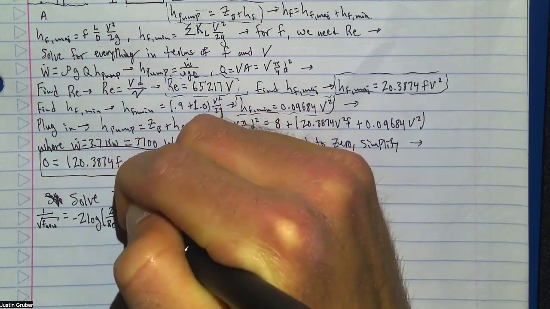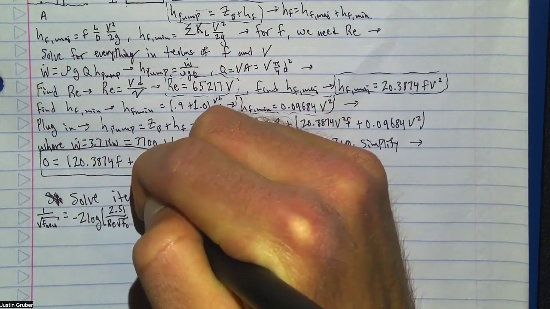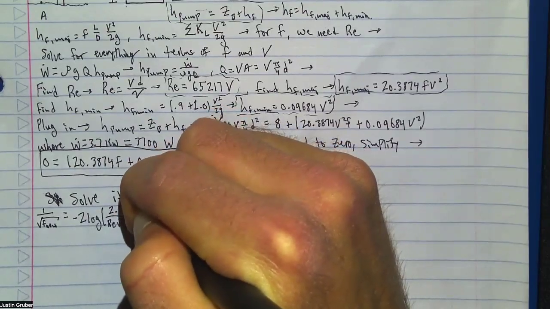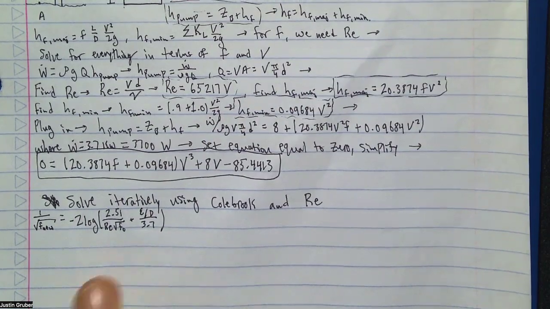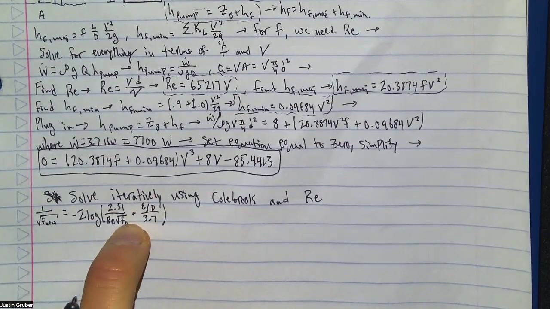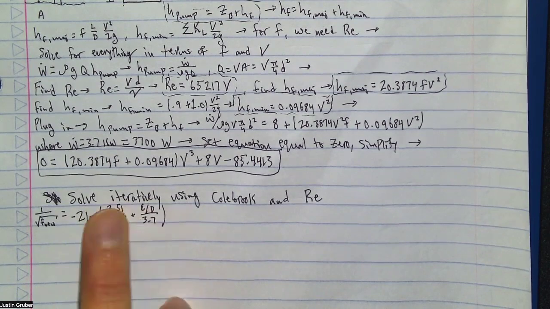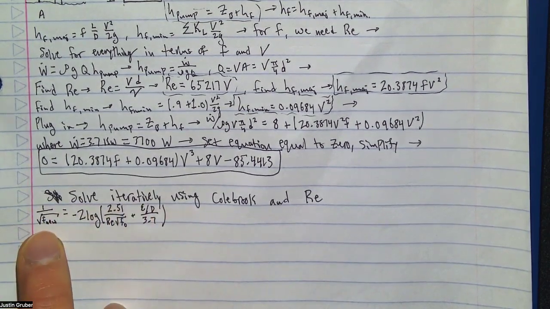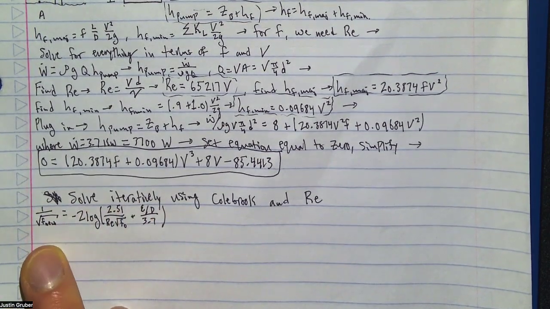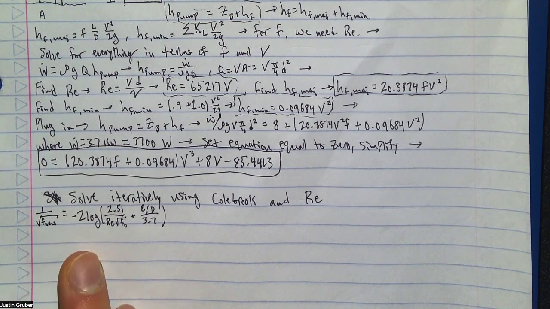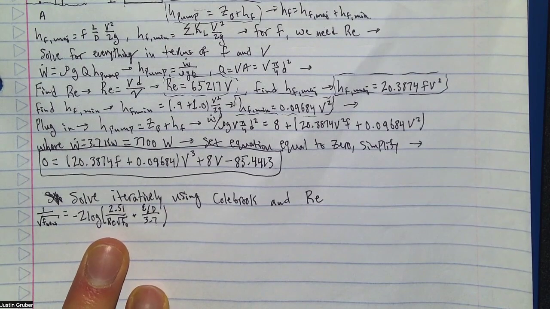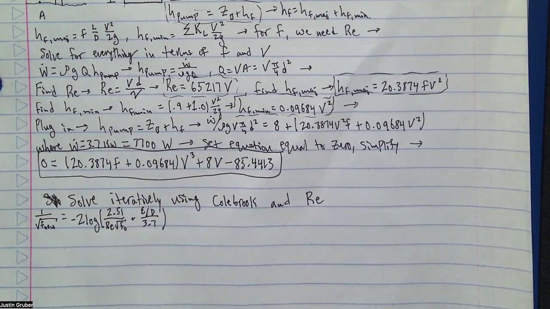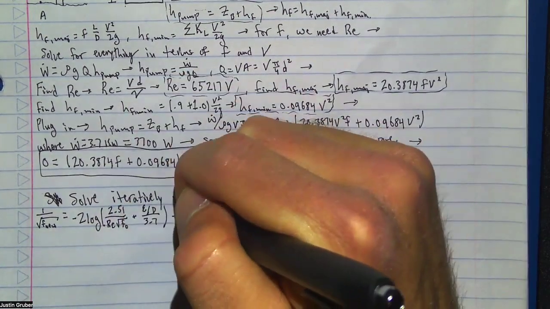So to solve this, you would pick an initial F0, calculate this right side, solve for F new, and then rinse and repeat. Use that F new, plug that into the right hand side, repeat till it stops changing.